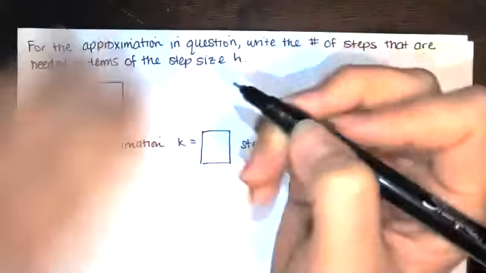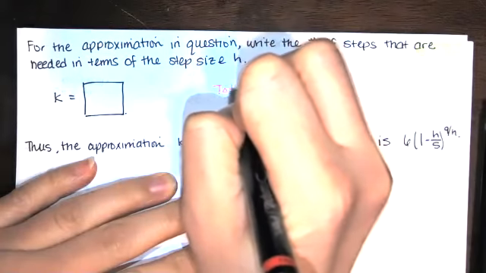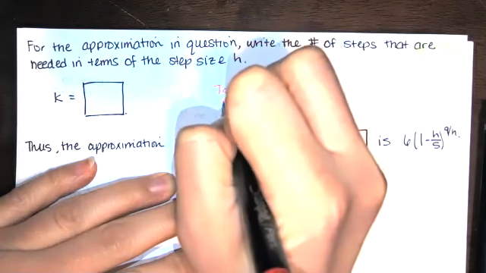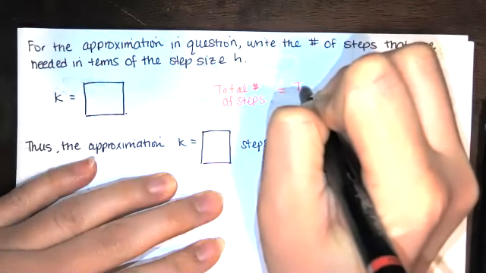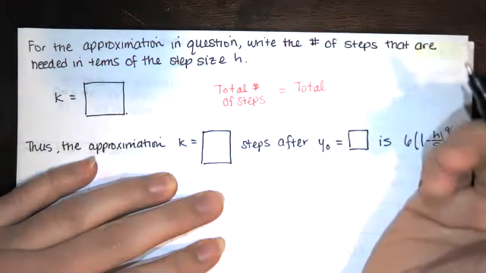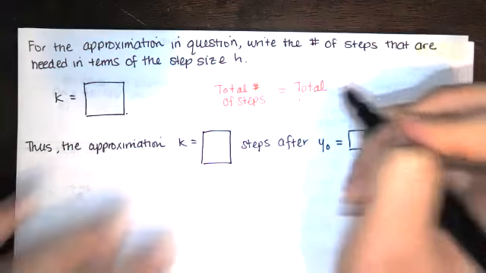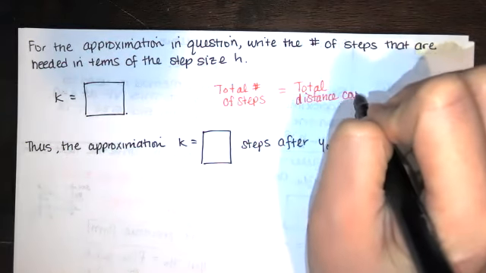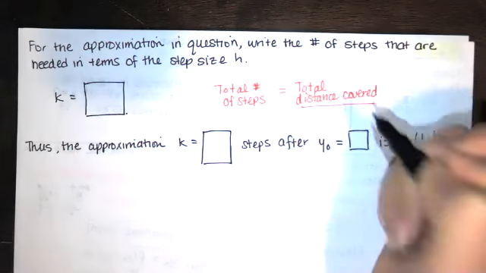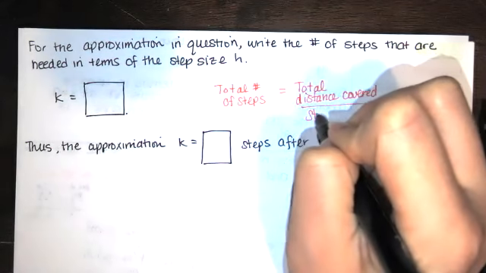So we're going to say the total number of steps, that's k, is equal to the total distance that we need to cover, divided by the step size.